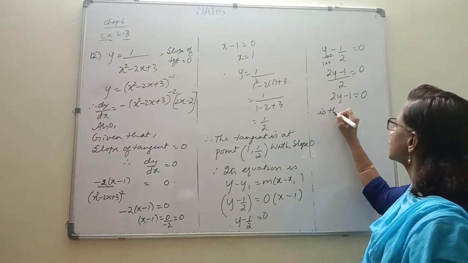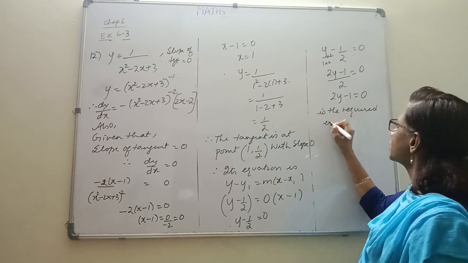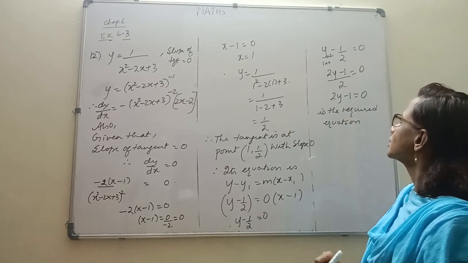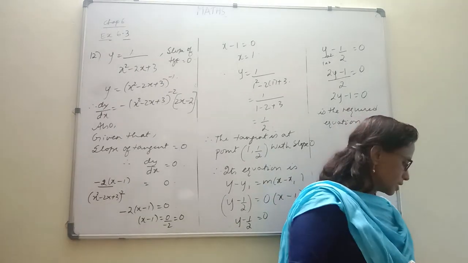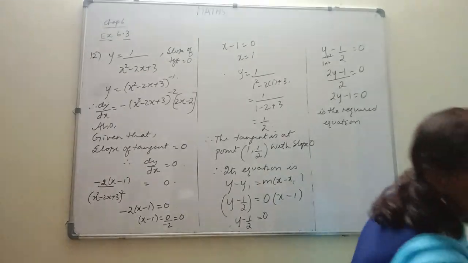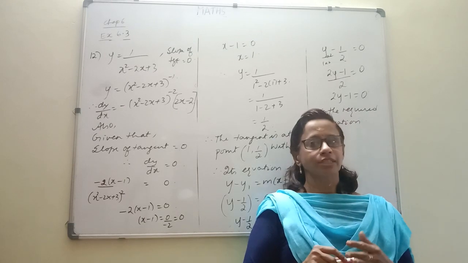So this is the required equation, or rather the equation of the tangent: 2y minus 1 equal to 0, or rather y minus half equal to 0. Y minus half equal to 0 is not the most simplified form, so get it simplified, and this is how it is.